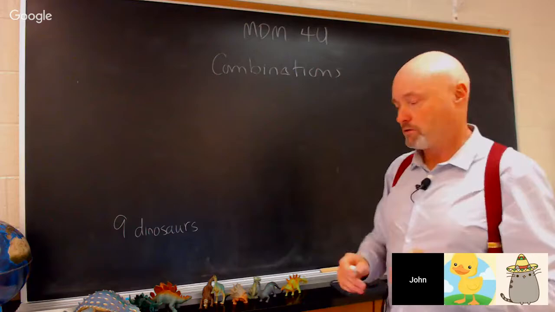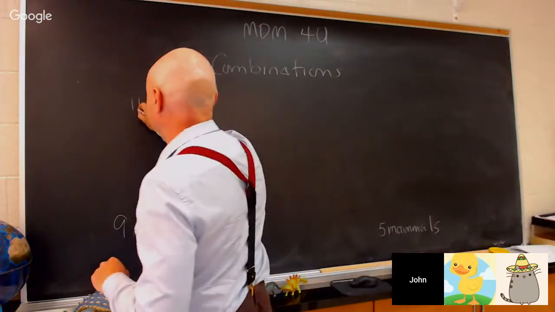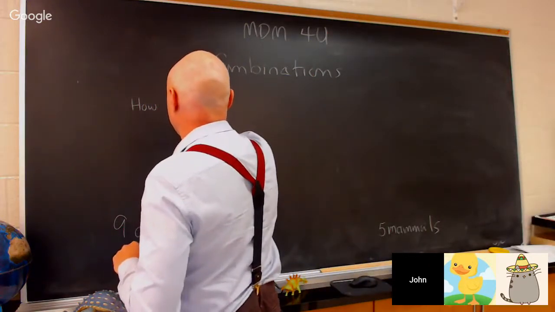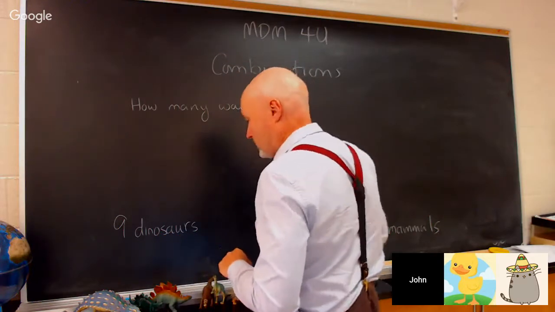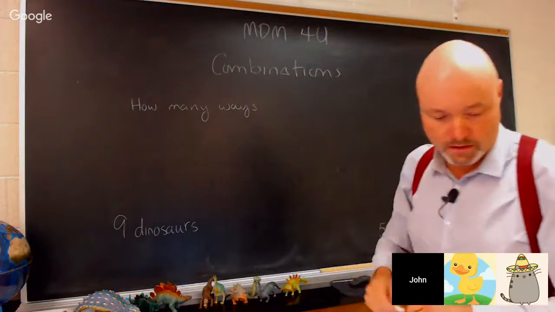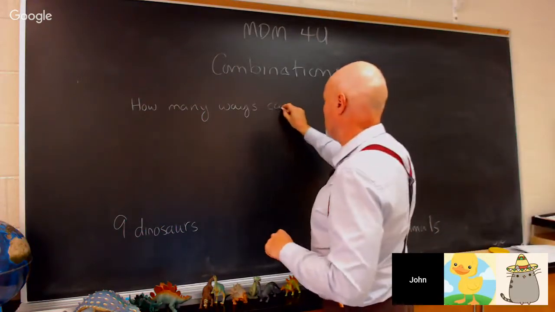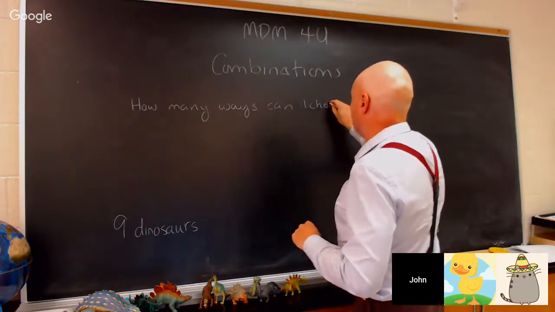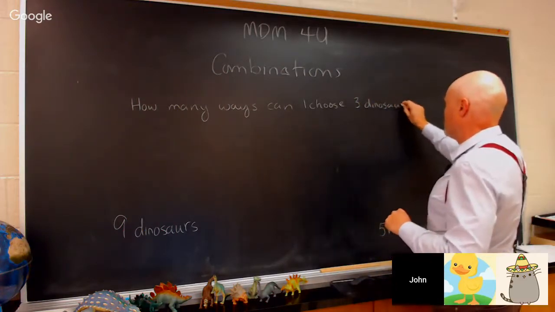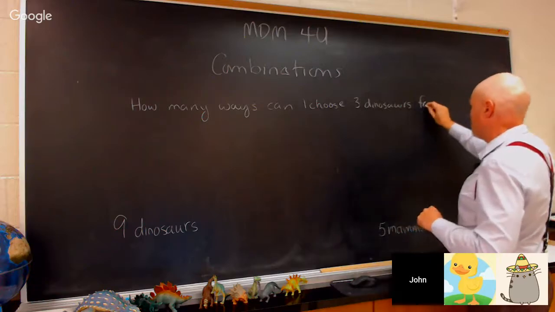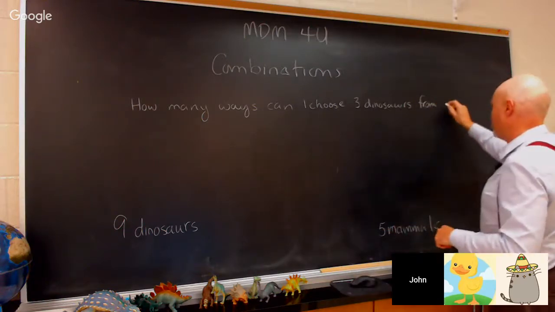So here's my question. How many ways can I choose 3 dinosaurs from a group of 9, because I have 9?